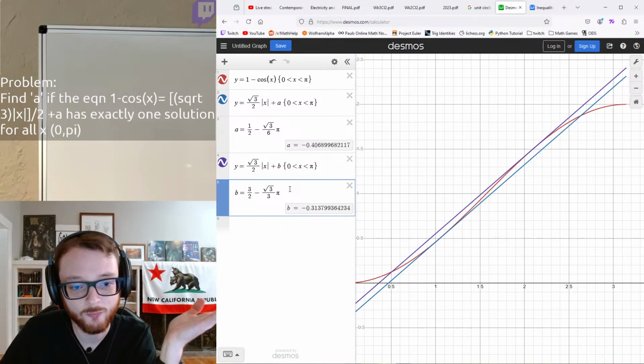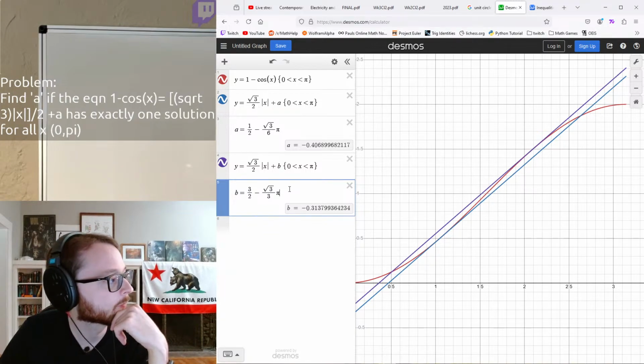So yeah, I guess from here, you can kind of choose whatever value of A is your favorite that fits these constraints.